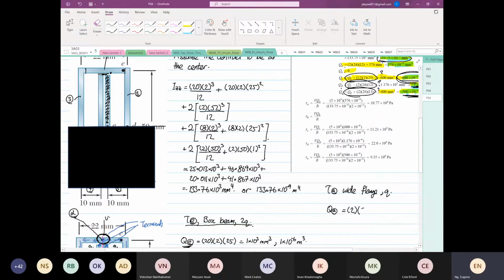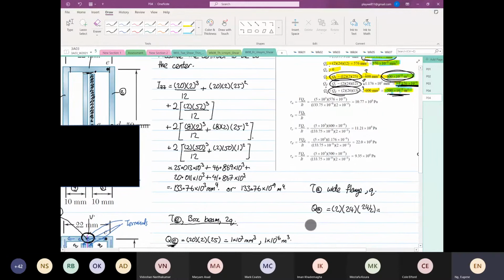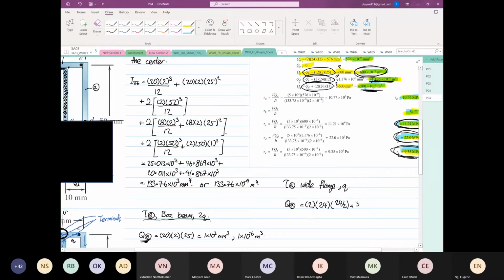I don't know what they use, but I'm going to use 24. And the centroid is 24 divided by 2. So Q is 2 times 24 times 24 divided by 2, which is equal to 576 millimeter cubed, or 576 times 10 to the power minus 9 meter cubed.